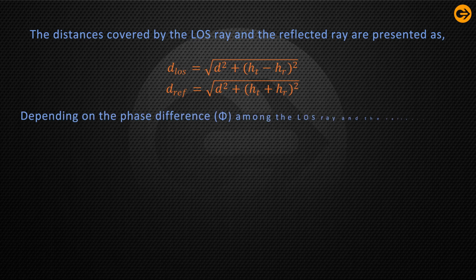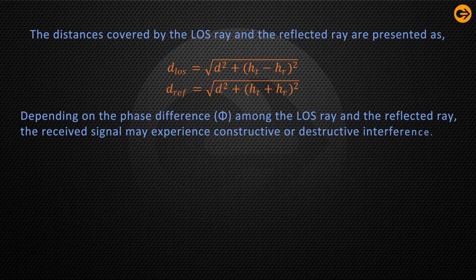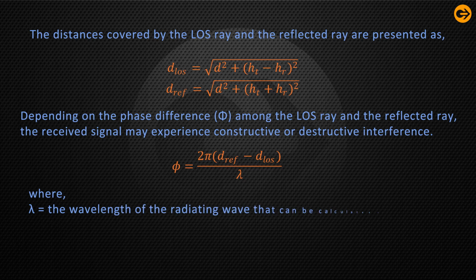Depending on the phase difference φ between the LOS ray and the reflected ray, the received signal may experience constructive or destructive interference, that is φ = 2π(d_ref − d_LOS)/λ, where λ is the wavelength of the radiating wave that can be calculated from the transmission frequency.